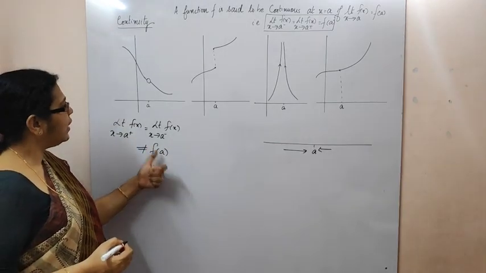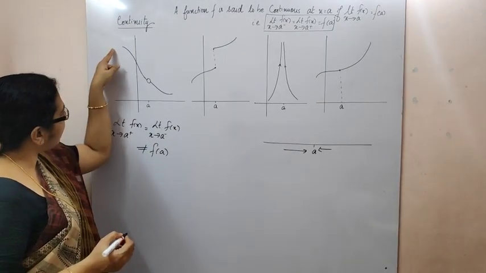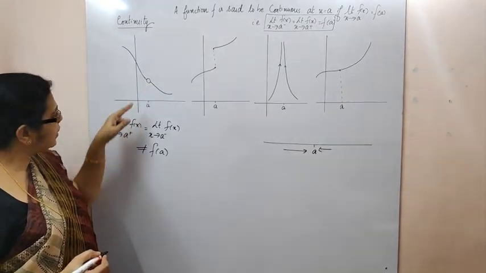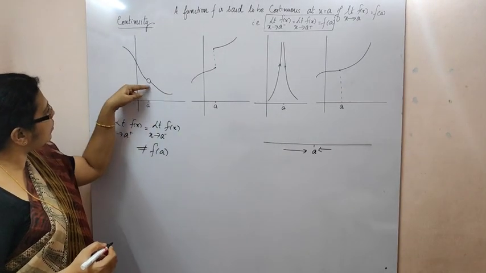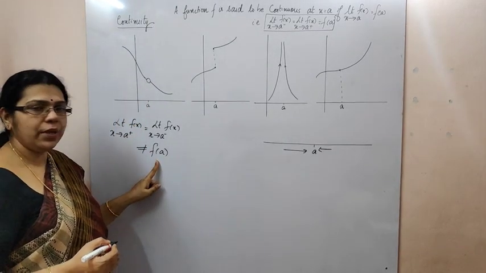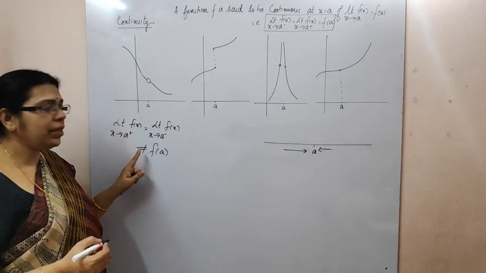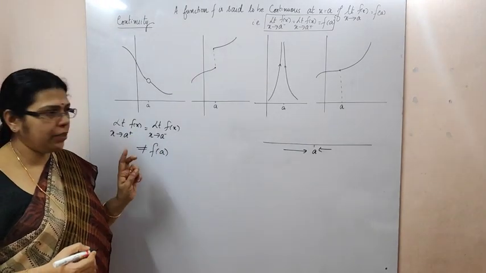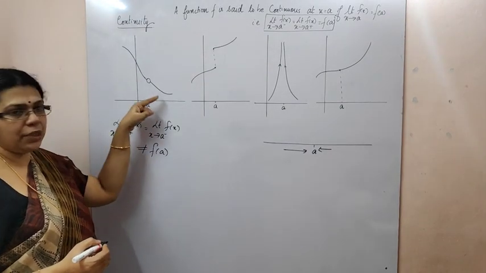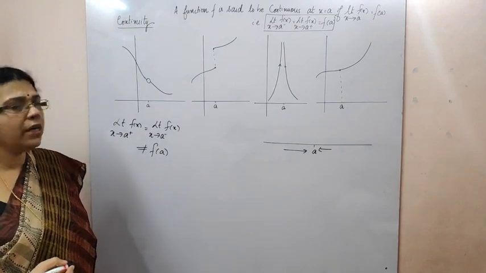The limit value from the right hand side as well as from the left hand side is the same. From both sides it is coming to this point, but at x is equal to a, f of a, the function's value is not the same as the limit value. So here what can I say? The function is not continuous. This graph says that the given function is not continuous.